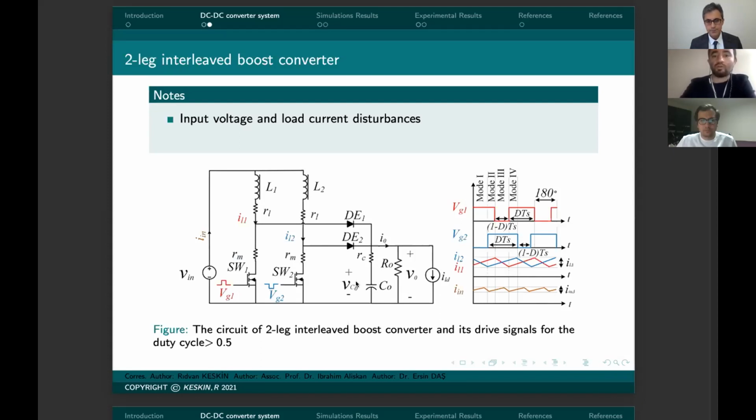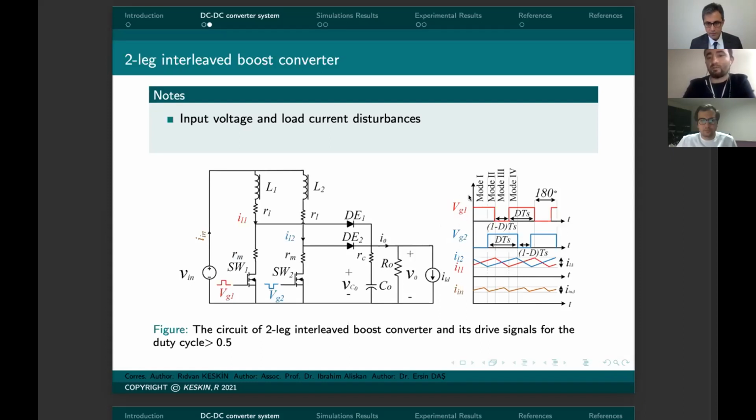The load current and the load current disturbance are separated from each other. The load current disturbance is depicted as a separate current source. The input voltage disturbance is the AC component of the input voltage source. The PWM signals and gate signals of the converter can be seen here.